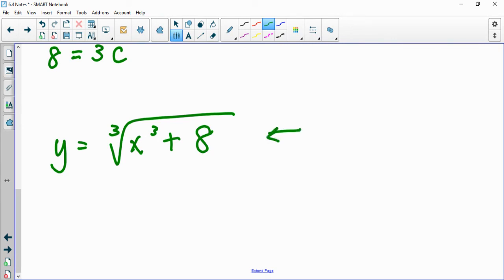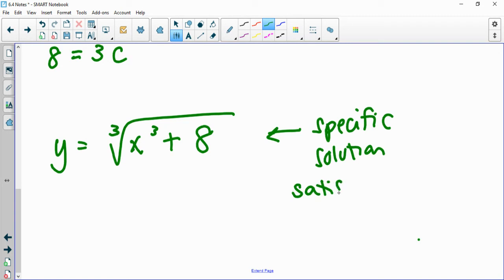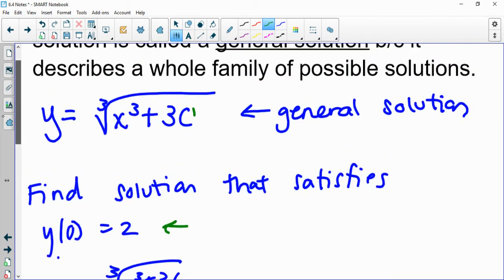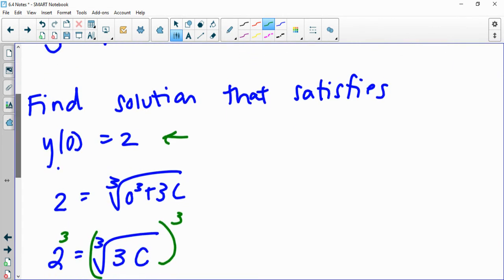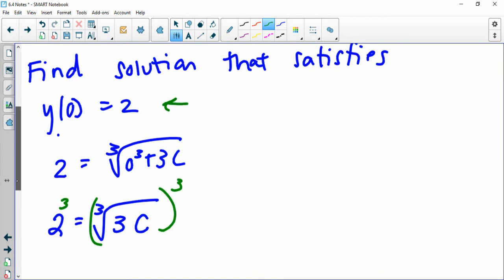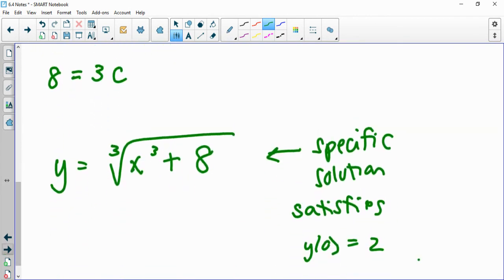And this would be a specific solution that satisfies that y of 0 equals 2 deal, right? So when you just solve and have your c in the answer, it's called a general solution. If I give you some kind of constraint or value that your equation has to satisfy, then you're finding a specific solution.